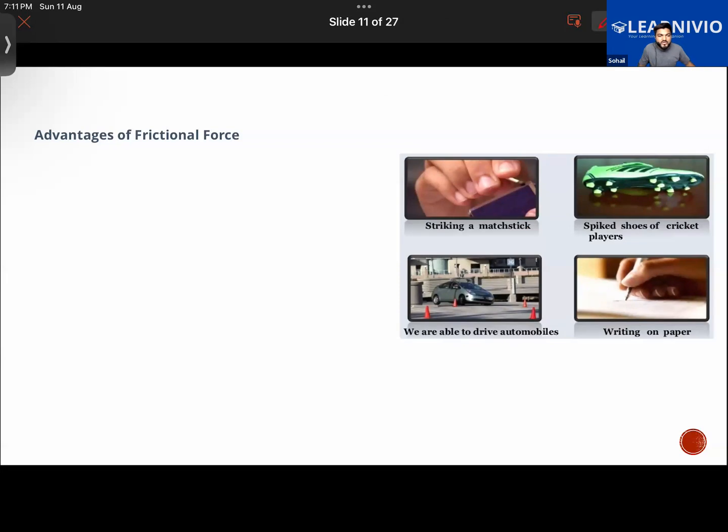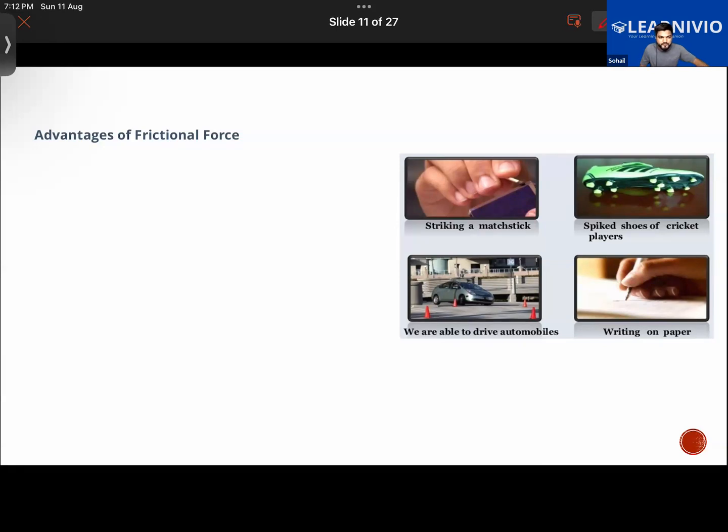So that is something which we have learned. Now let us learn about the advantages of frictional force. First of all, you guys tell me about the advantages of frictional force. We are able to move, stand, and walk. Good. And vehicles are able to move on the road because of the friction between road and the vehicle tires.